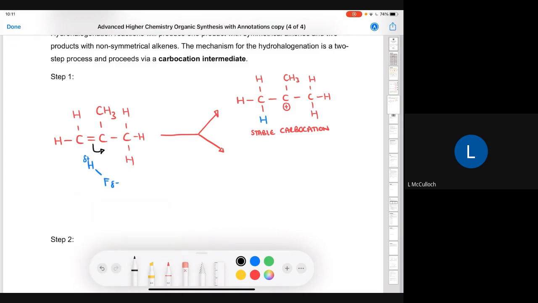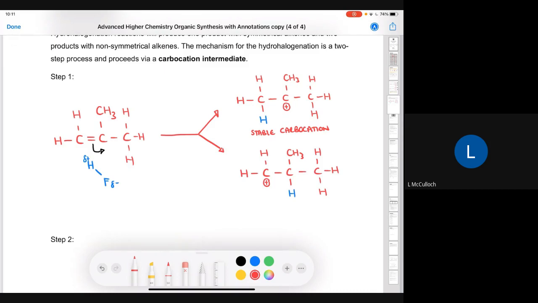So if I pop that in, that leaves us with our carbocation as the carbon on the left there.